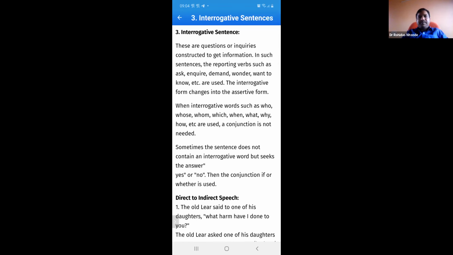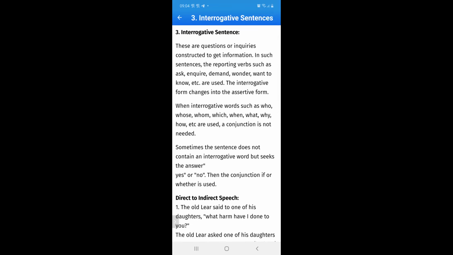Kanchan Bharati. Yes, sir. Okay, read it a little louder. Interrogative sentences. These are questions or inquiries constructed to get information. In such sentences, the reporting verbs such as ask, inquire, demand, wonder, want to know, etc. are used. The interrogative form changes into the assertive form.